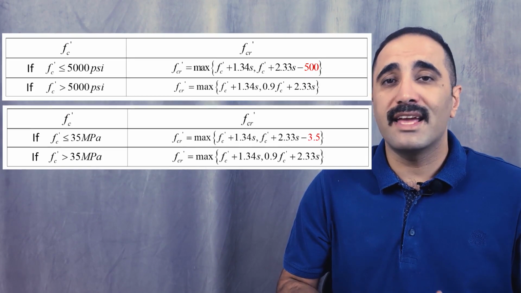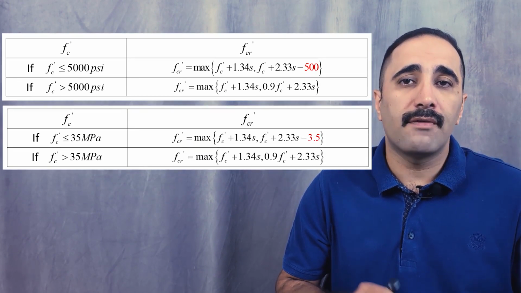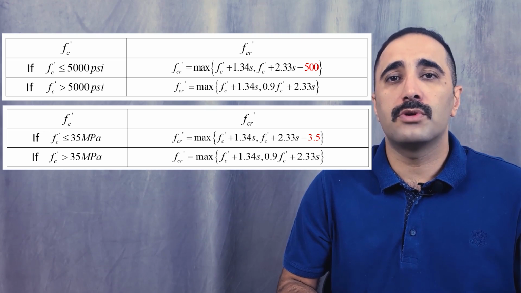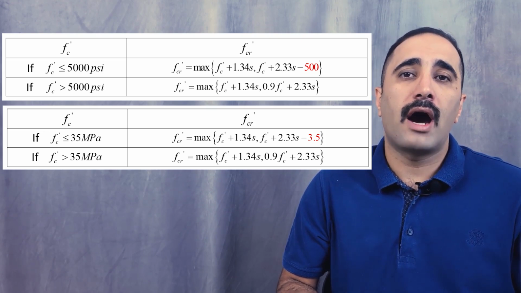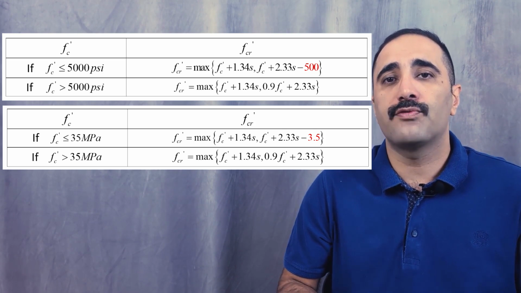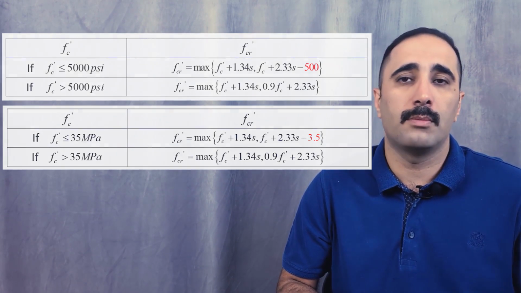First of all, if we have at least 30 test results, we can determine S with a reasonable approximation. Then, to define F'(CR), we use one of two sets of equations based on our F'(C) in this table. Remember that any test result is the average value of at least two cylinders. This gives us the most precise calculation of our F'(CR) using statistical equations that account for our specific production variability.